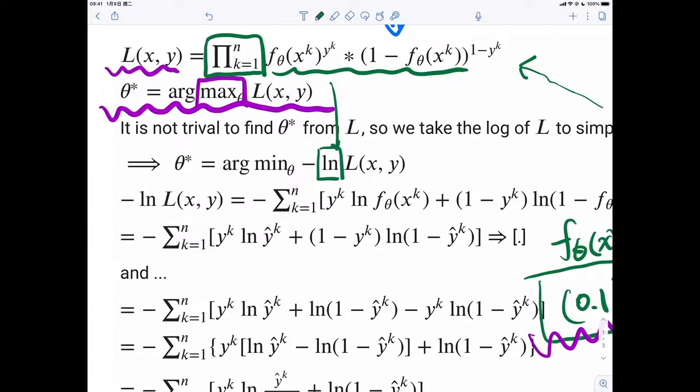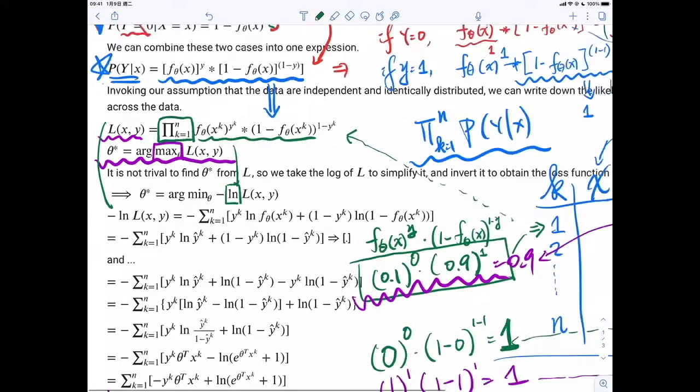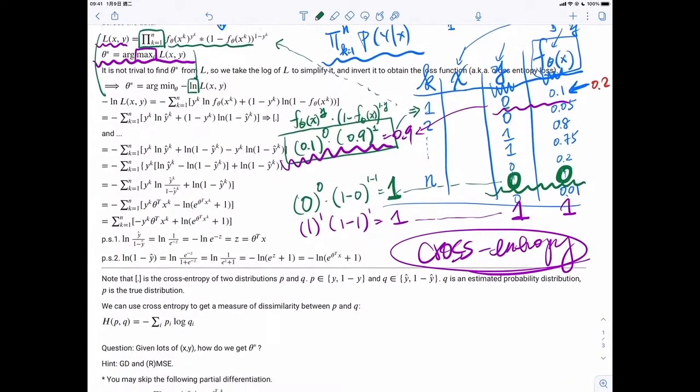If you have a large likelihood, you still have a large log likelihood. And in the same way, if you want to find the largest likelihood, you can find the smallest minus likelihood. So that is all the same. That's the last thing I would like to mention.